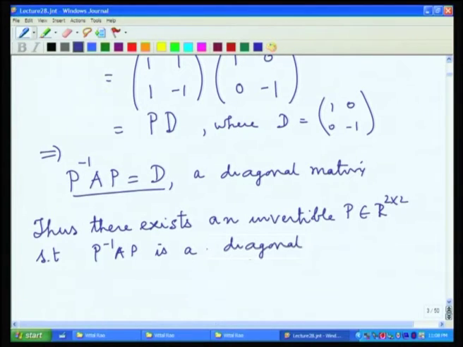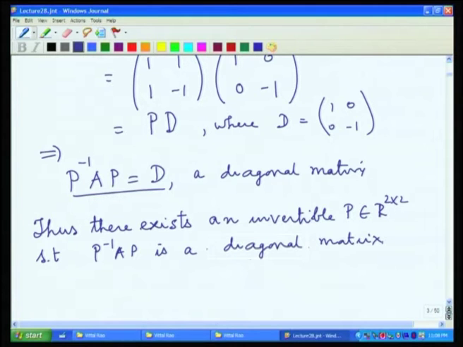So, we get the answer in the affirmative for this matrix.